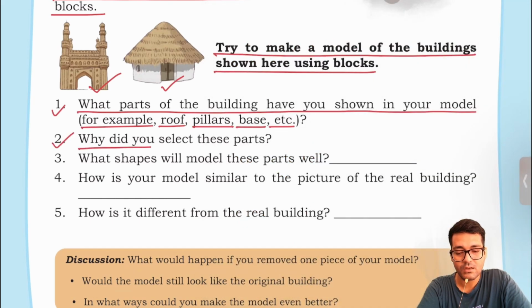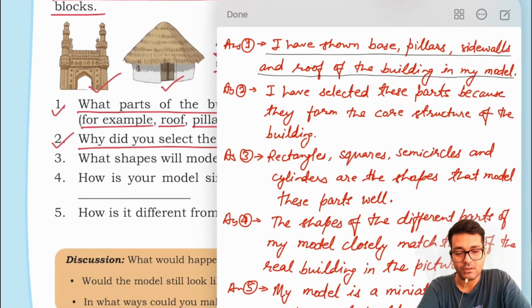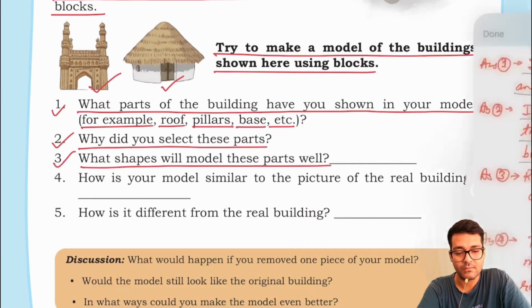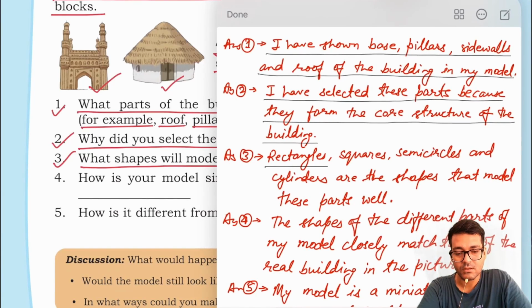2. Why did you select these parts? Answer. I have selected these parts because they form the core structure of the building. 3. What shapes will model these parts well? Answer.